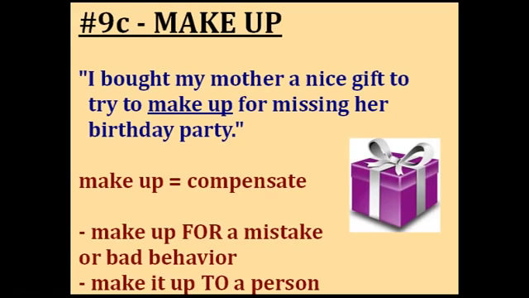How can I do something good that will balance out the bad thing that I did? How can I make it up to you? Okay? Make up meaning to compensate. Now we also have the word makeup, one word, which means cosmetics. That's lipstick and eyeshadow and other things that women usually, but also actors and actresses put on their face to make them more beautiful. That's a noun, and that's one word, makeup, cosmetics, okay?